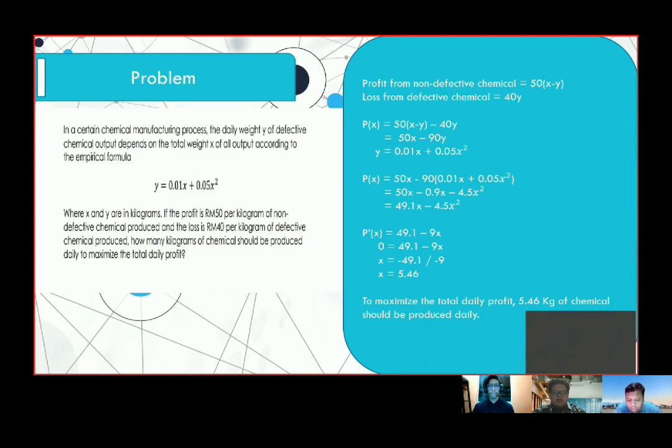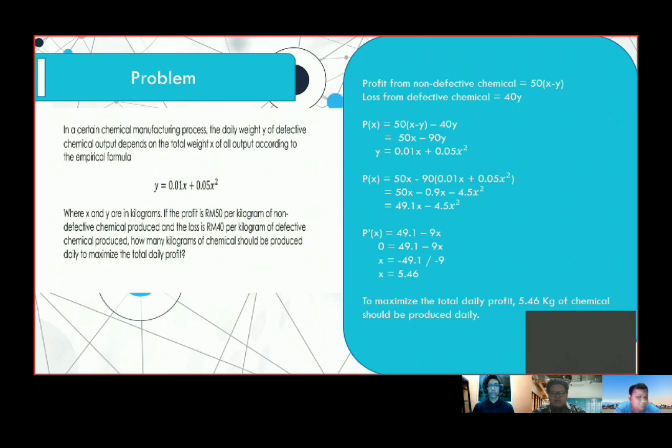Based on this question, we can find that the profit from non-defective chemical is equal to 50(X minus Y), and the loss from defective chemical we can write as 40Y. So P(x) is 50(X minus Y) minus 40Y, which is 50X minus 90Y.